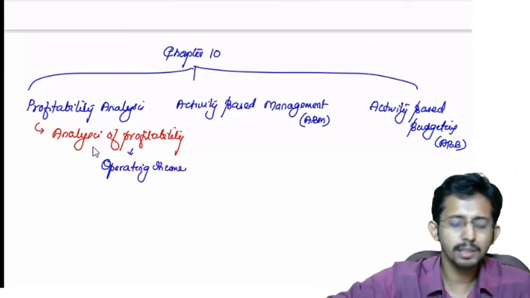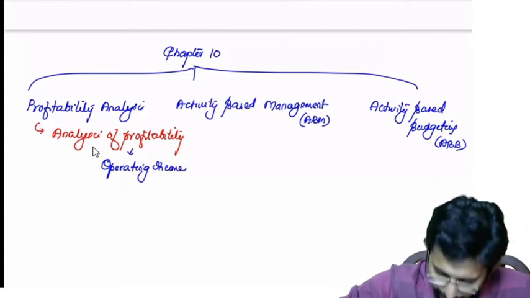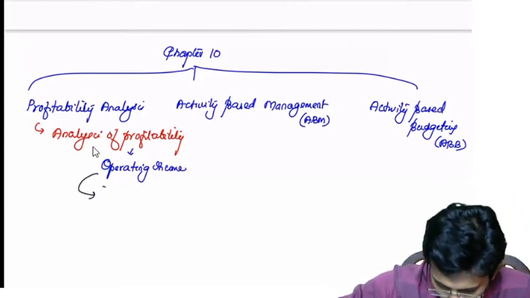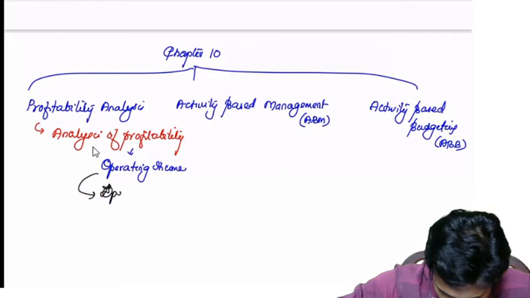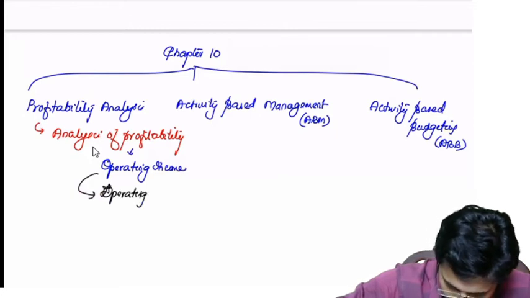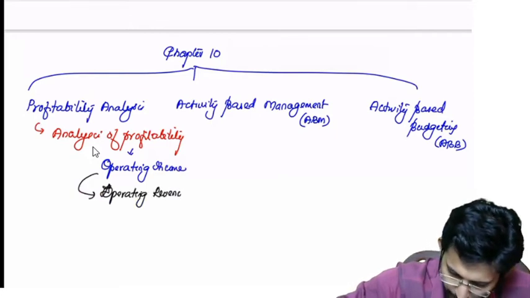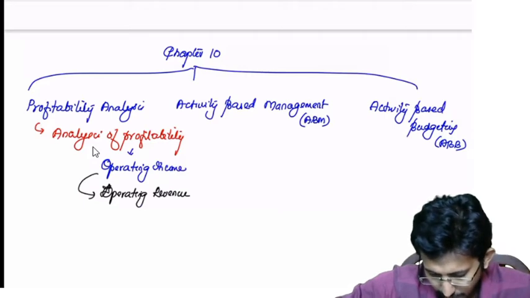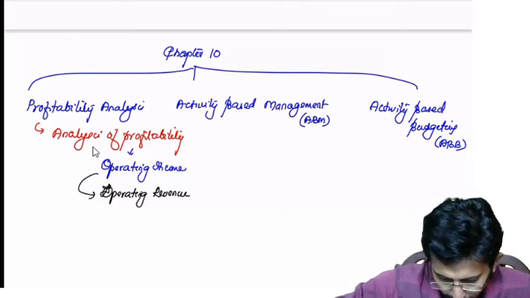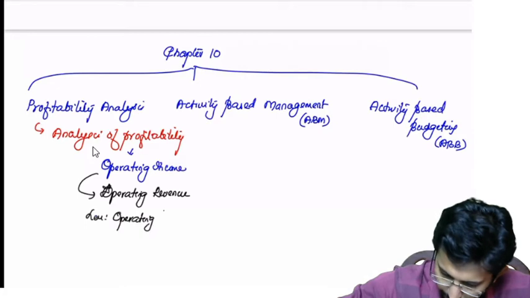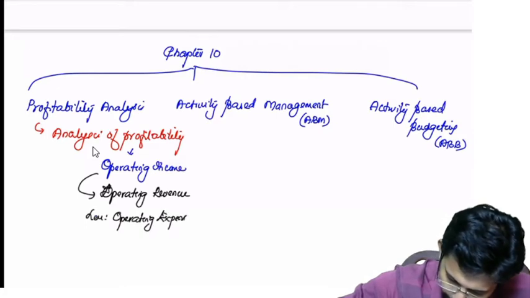Okay. What is operating income? Operating income is nothing but operating revenue less operating expenses.